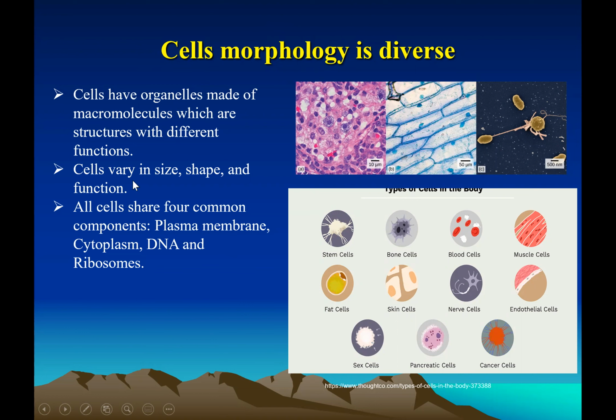Cells come in various sizes, shapes, and functions. But in general, you can take any cell, like a bone cell or a blood cell, and all of them will have a plasma membrane. The matrix is called the cytoplasm. It will have DNA as its genetic material and ribosomes for protein synthesis.